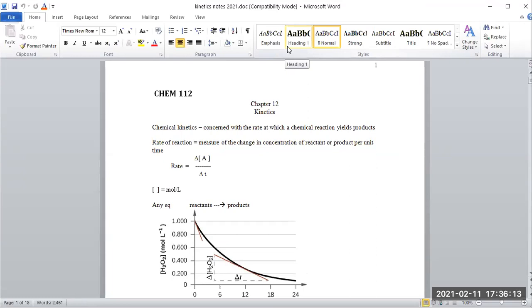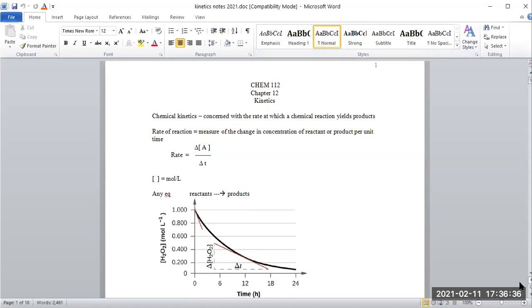And you will see pretty much through the rest of the semester that anything written in square brackets is designed to be interpreted as a molarity. So there's a little note down there, a couple lines down, to remind you that the square brackets mean that. We're also going to have change in time.